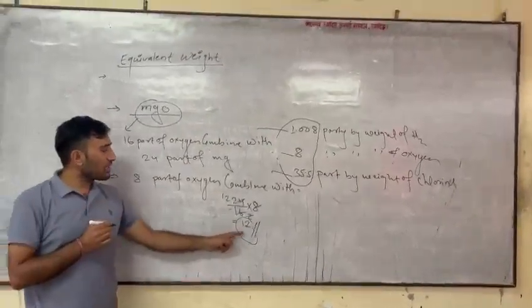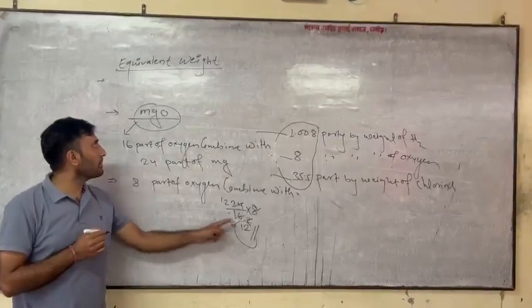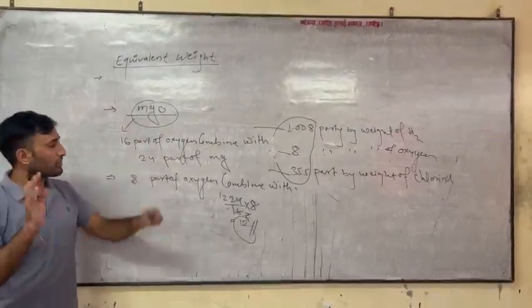This 12 is the equivalent weight of magnesium in MgO.